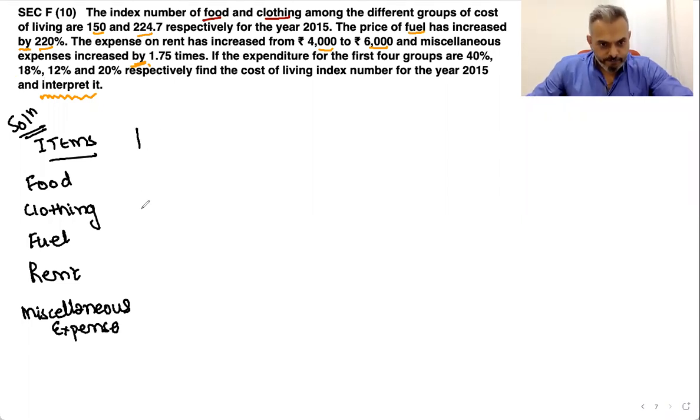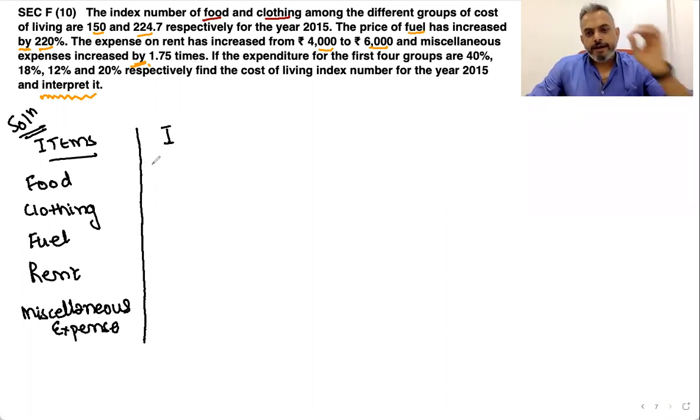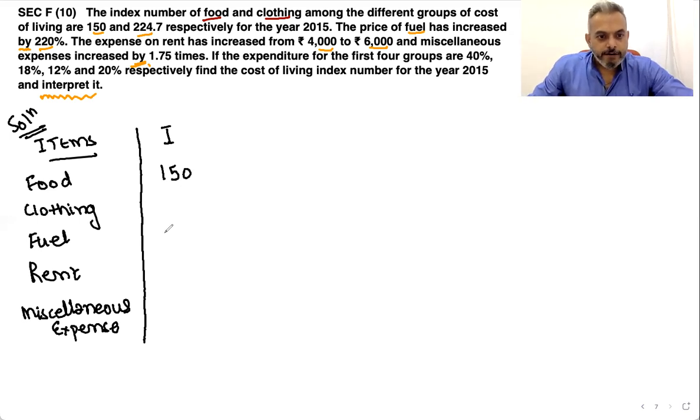Let me draw a line. Okay, index I. Now for food and clothing, the index number is directly given. So we directly write it, 150 and clothing is 224.7.